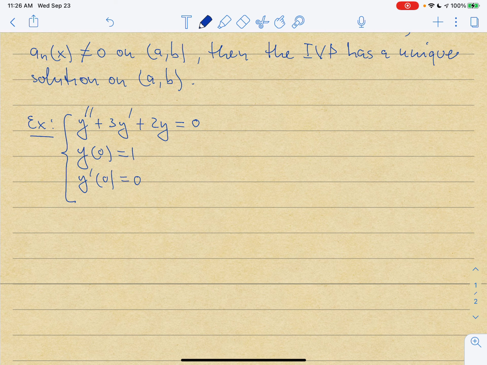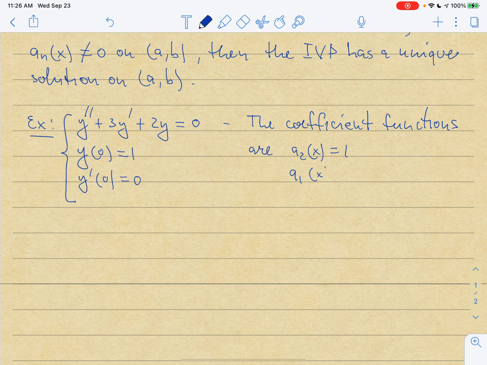So in this case, the coefficient functions are a2(x) equal to 1 everywhere, a1(x) equal to 3, and a0(x) equal to 2.